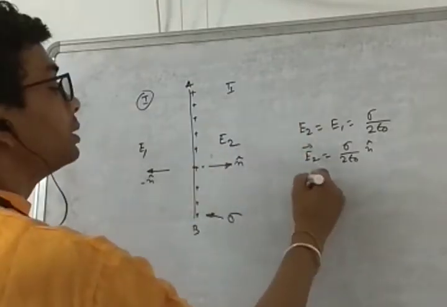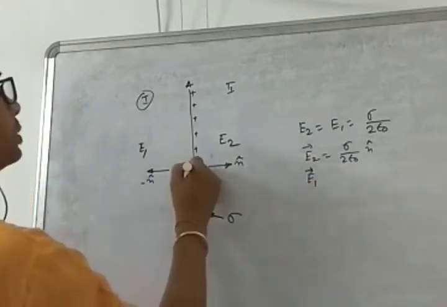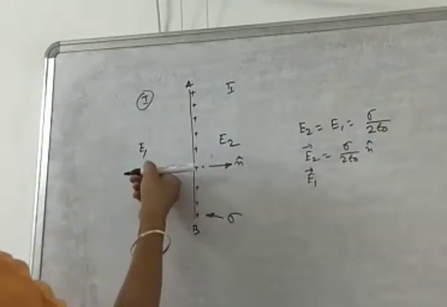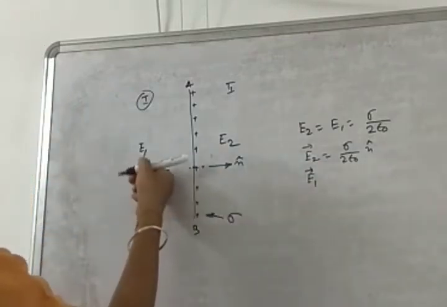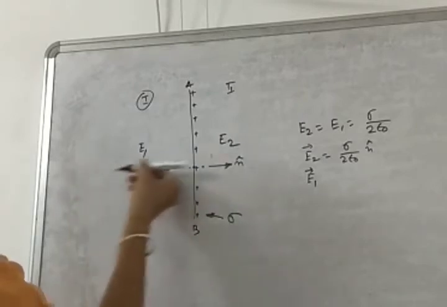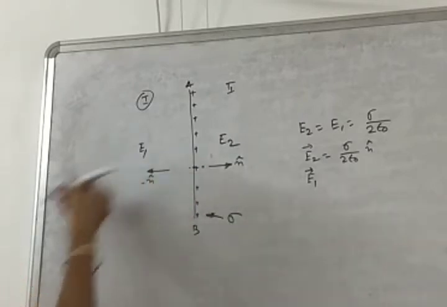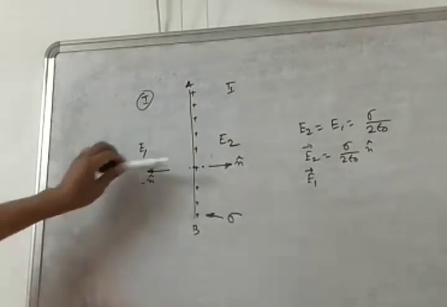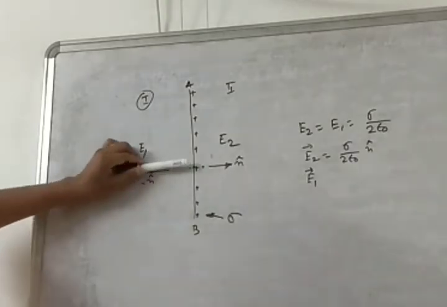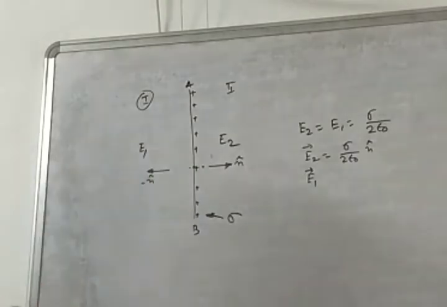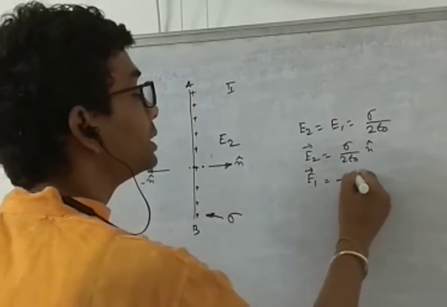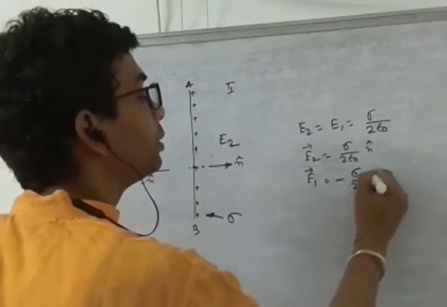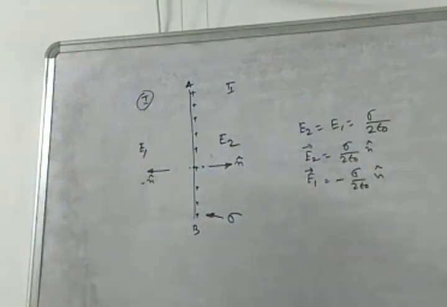And similarly E1, at this point, electric field E1 is perpendicular to the surface, and minus n hat is the perpendicular. So E1 is equal to minus sigma by 2 epsilon naught n hat.